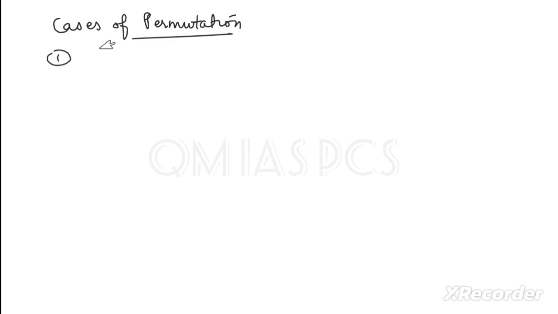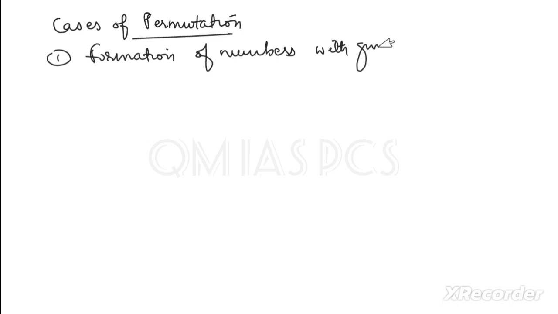So now understand, a few examples which are the case of permutations. Cases of permutations are, first, formation of numbers out of digits with given digits.